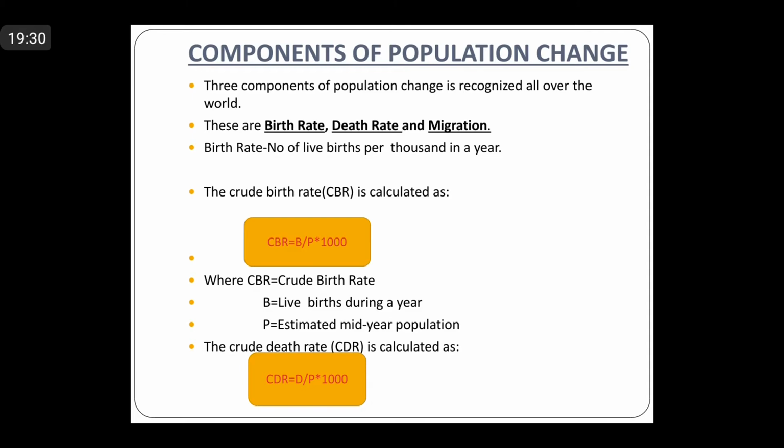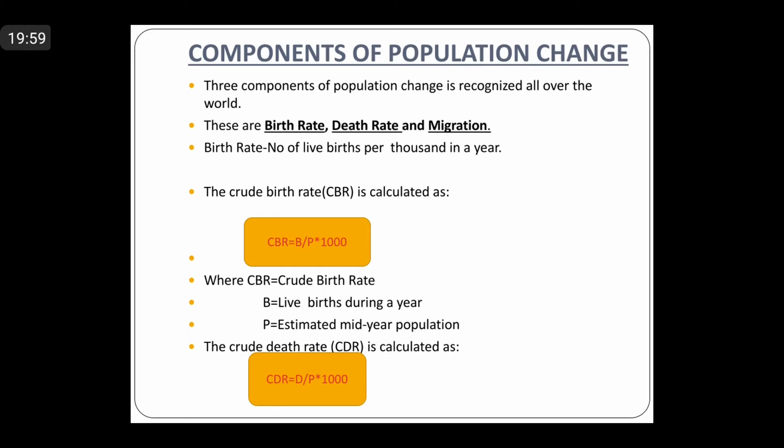So, what is the formula? Crude death rate is equal to the number of deaths divided by the total population in the middle of that year, into 1000. The method is the same, only the number of deaths instead of live births would change.